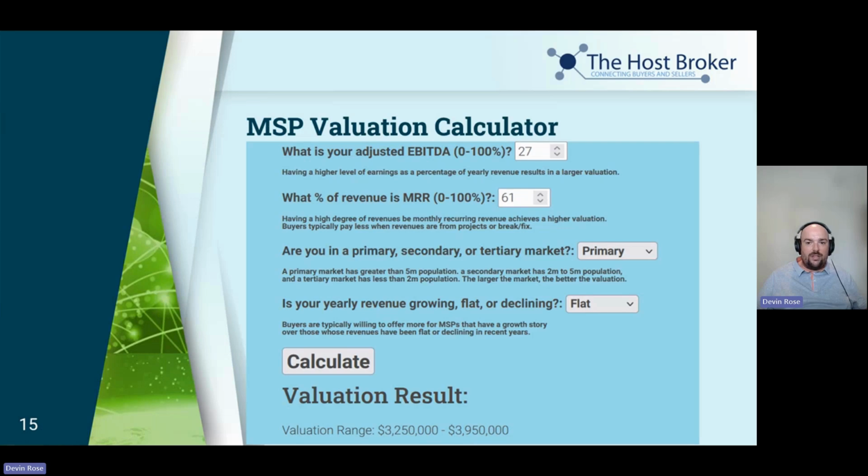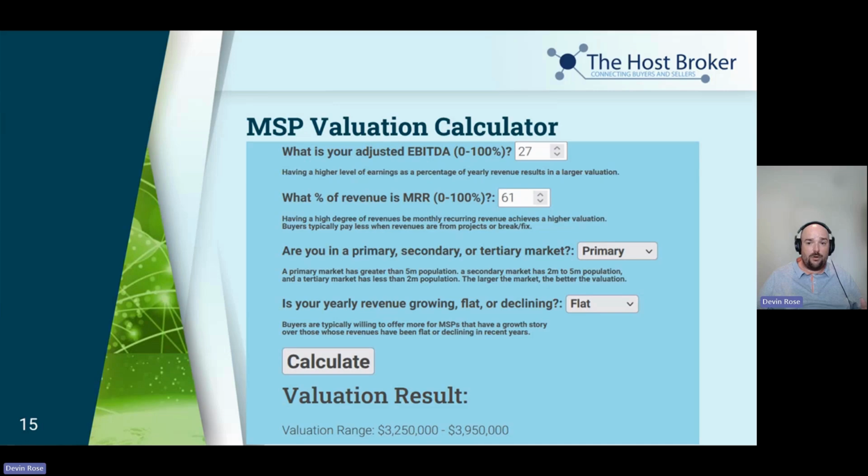That is going to give you a pretty good idea about what you can expect to receive from offers from buyers. It of course does depend on other factors, as I mentioned, and also depends a lot on the payment terms. But regardless, that is a pretty good estimate about what an MSP with these sort of financials would be worth.